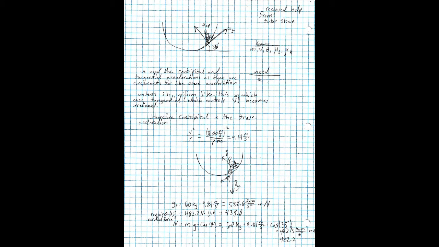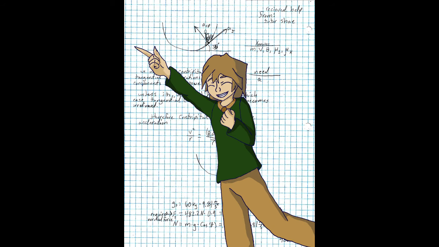So we plug cosine of theta, or cosine of 35 degrees, into the calculator, and boom, 482.2 newtons.